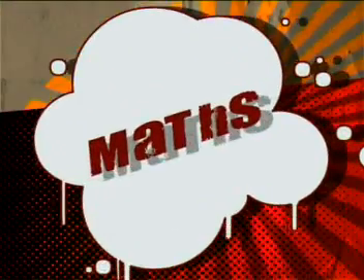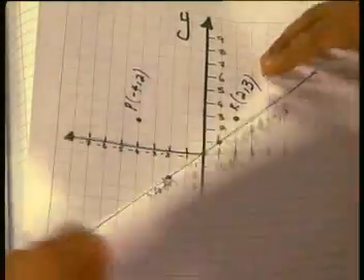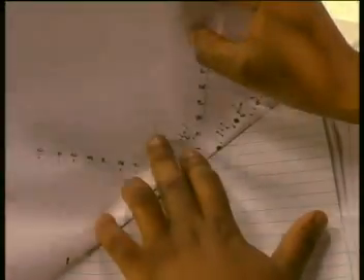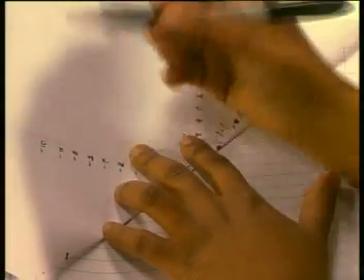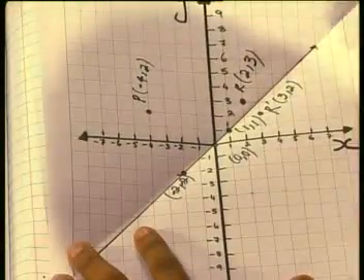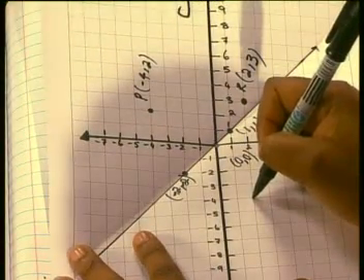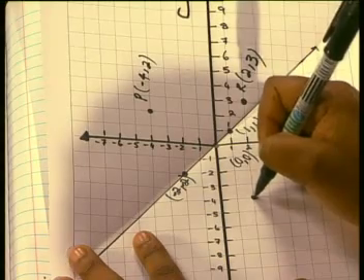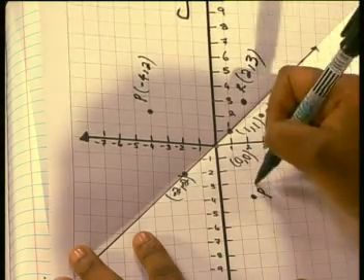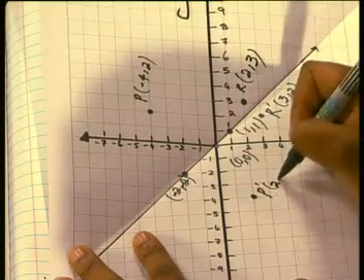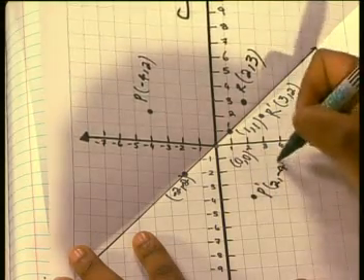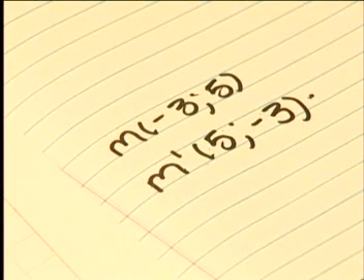Let's look at what we did today. We reflected a point, a line segment, and a shape about the line y equals x. And we found that when you reflect a point about the line y equals x, the x value of the reflected point is the same as the original y value, and the new y value is the same as the original x value.